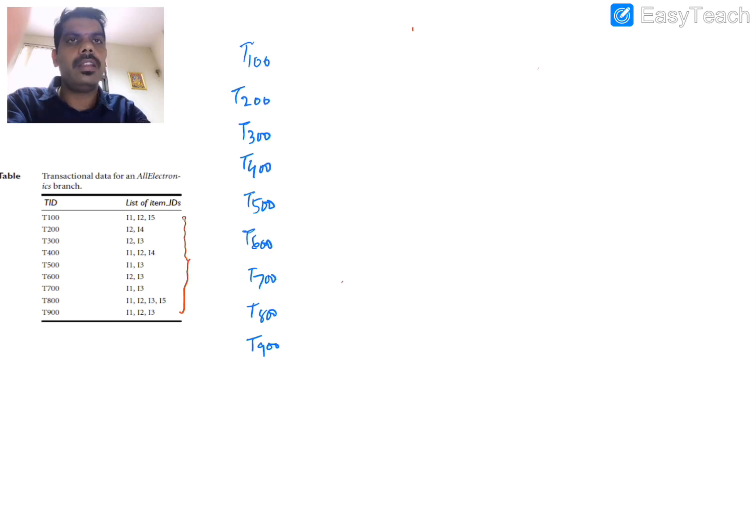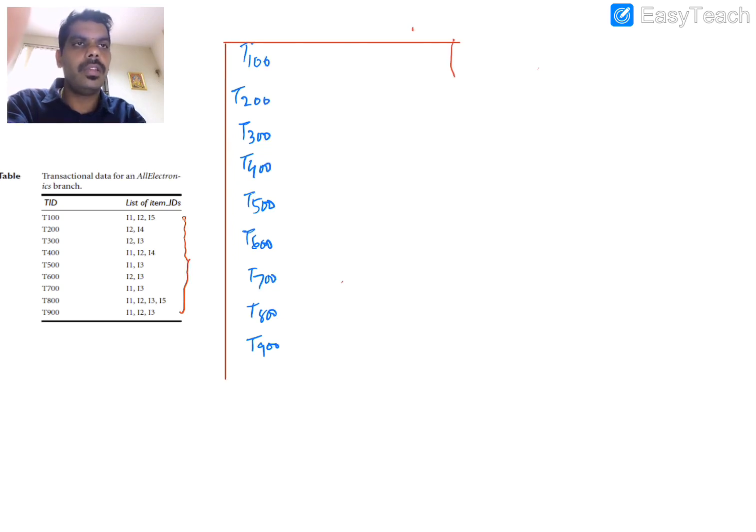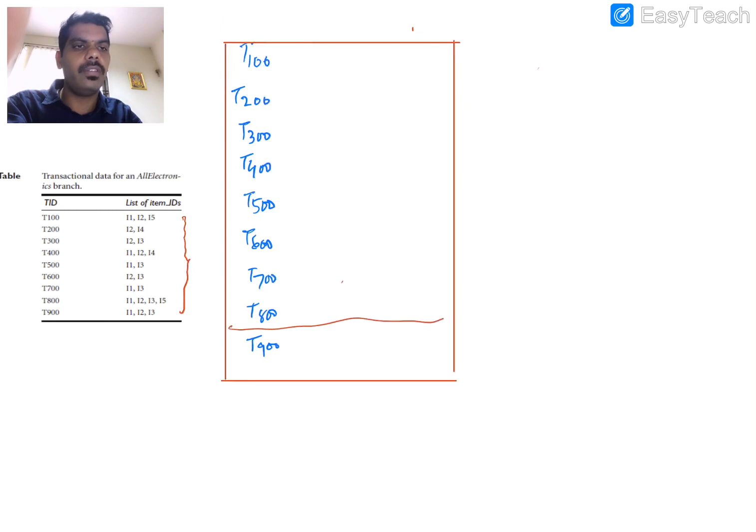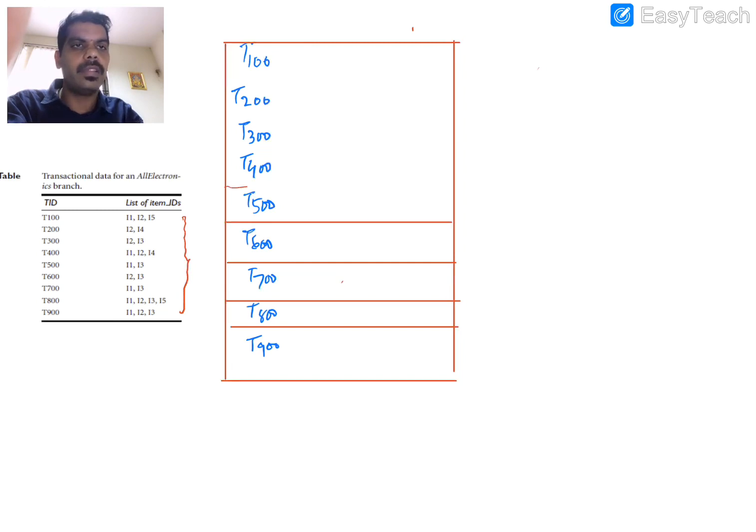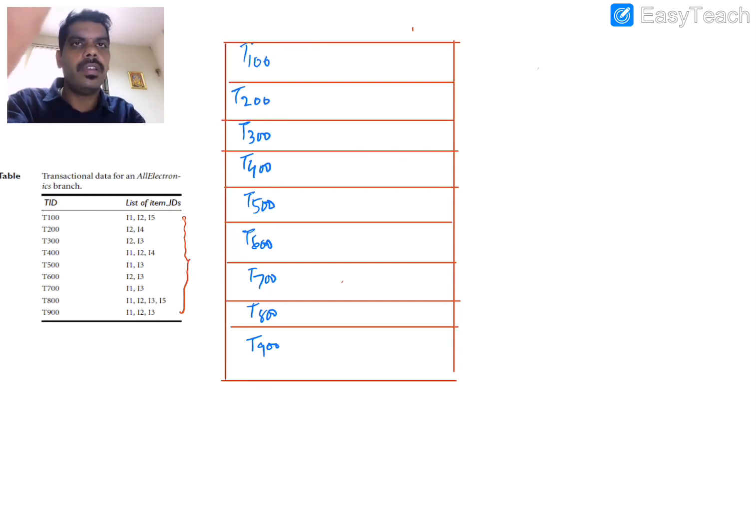There are 9 transactions, and I am going to re-specify all of them, that is, rewrite the list of items. In which order do we need to rewrite? In descending order.